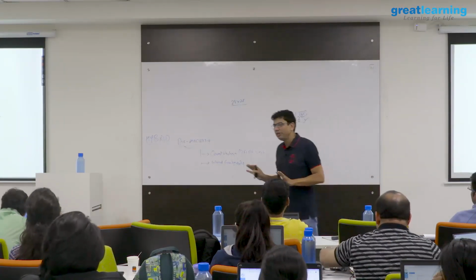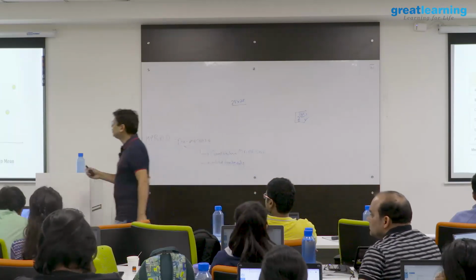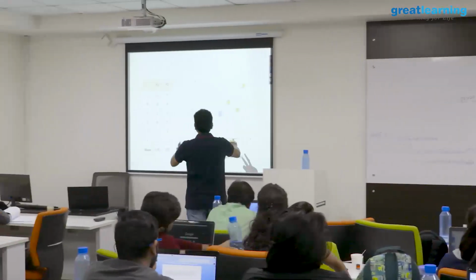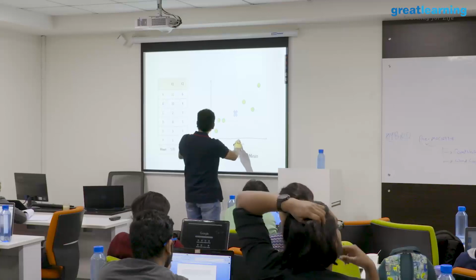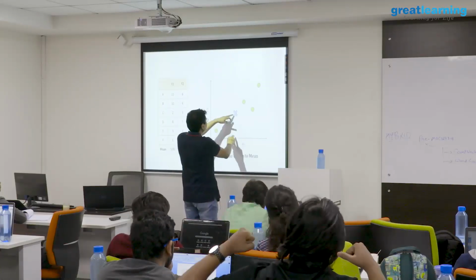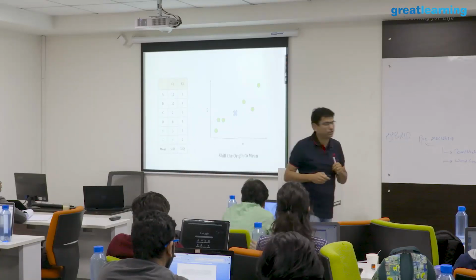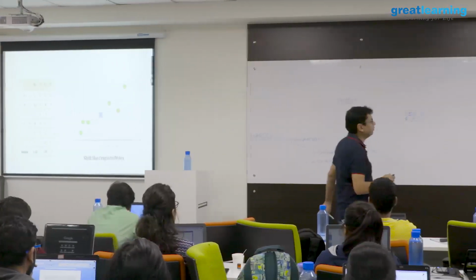Simple so far? It has to be two-dimensional, because this is two-dimensional data: 5.83 for F1 and 3.83 for F2. It has to take both values.